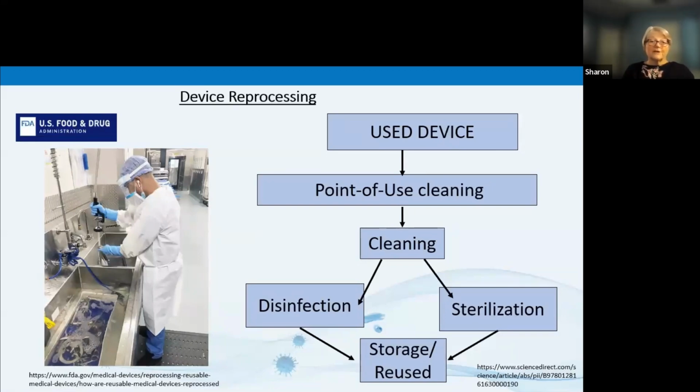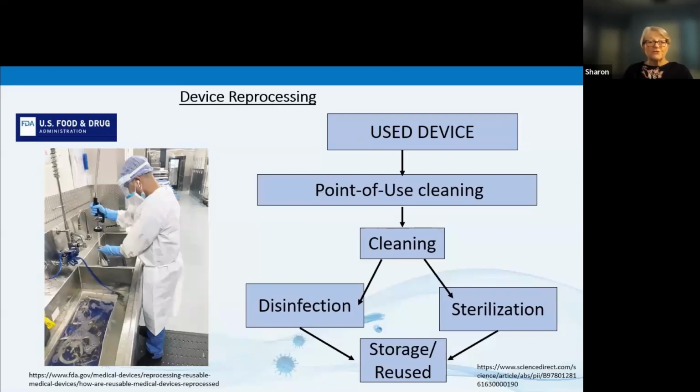They require medical device manufacturers to provide written reprocessing instructions with a specific reprocessing regimen that is specific for that particular device, explains how to thoroughly clean the device and what to use or what can't be used on it, and provide clearly written and comprehensive instructions for use. That's those IFUs.